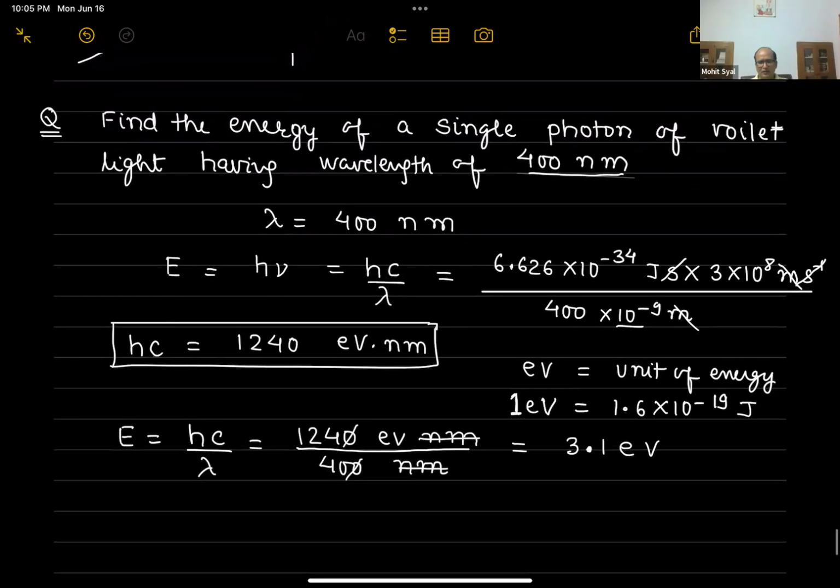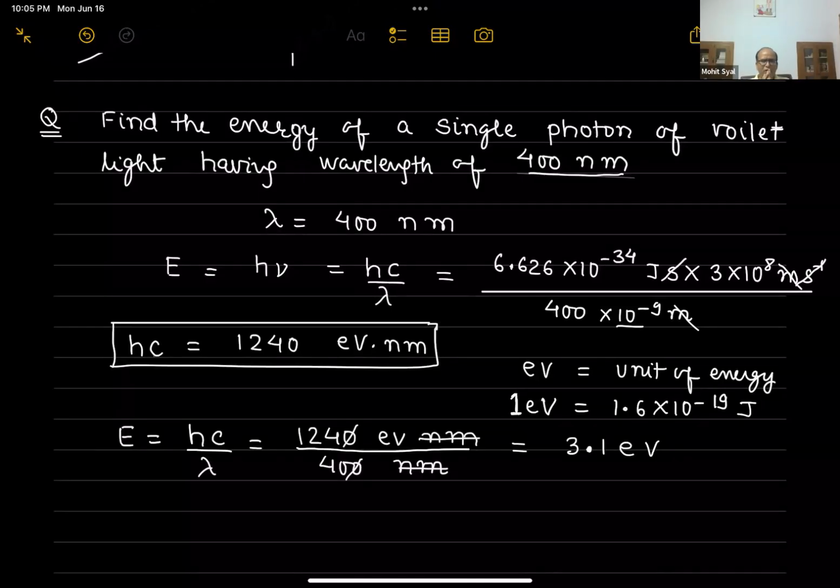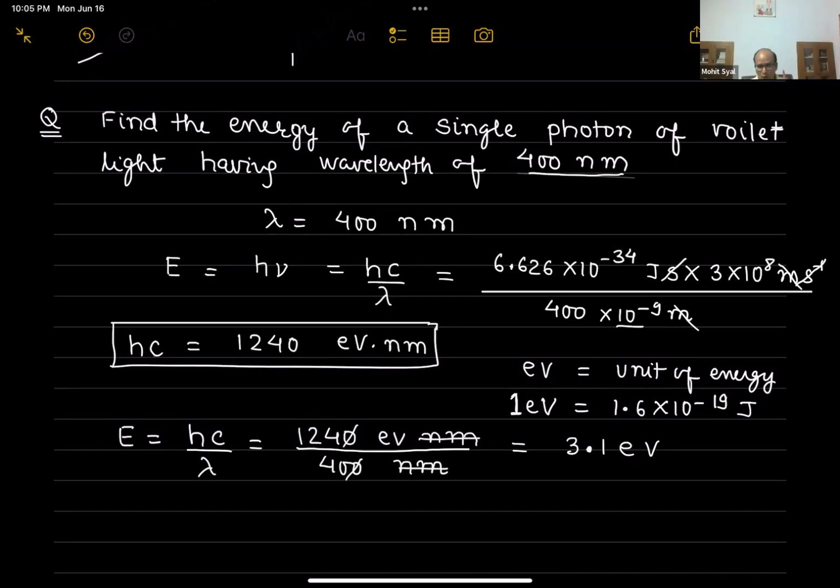But in the case of electrons and atoms, we have introduced a new unit, which is a very small unit. Like in the previous chapter, we introduced the unit of mass U, or AMU, atomic mass unit, which was equal to 1.66 into 10 to the power minus 24 grams.